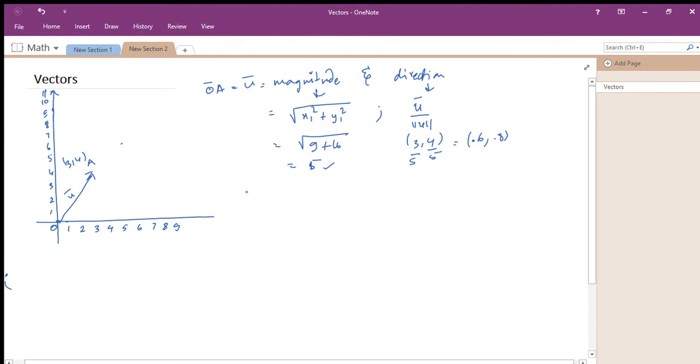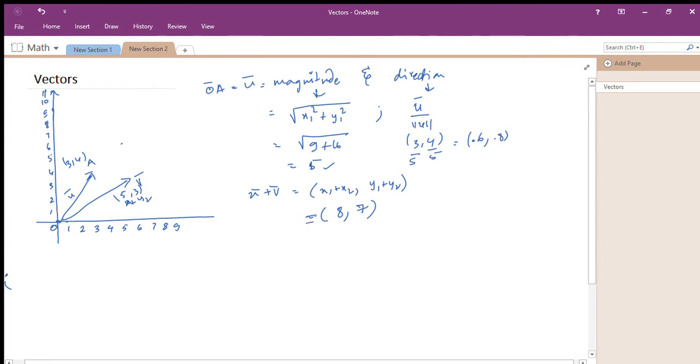So let's quickly see another operation for vectors, let's see addition, right? u bar plus v bar. So let me draw another vector here, and let me say it is v bar, and if I look at the points, let's say it is 5 comma 3, and let me say it's x2 y2. So here it's simply given by x1 plus x2 comma y1 plus y2, and x1 plus x2 is 3 plus 5, 8, comma 4 plus 3, 7, right?